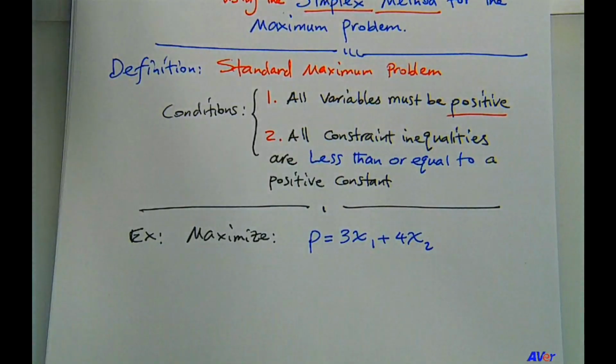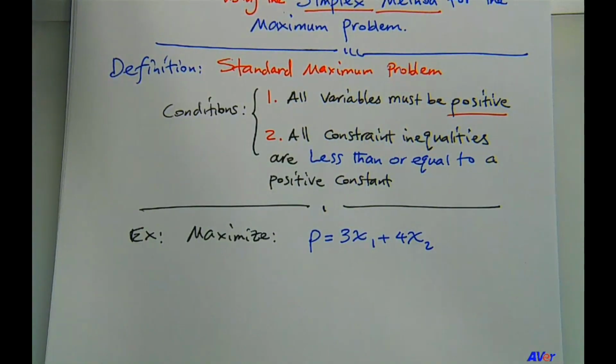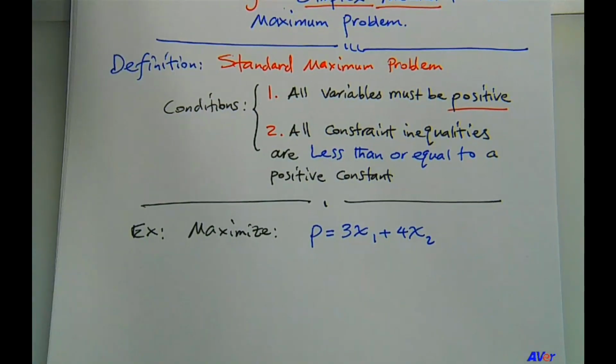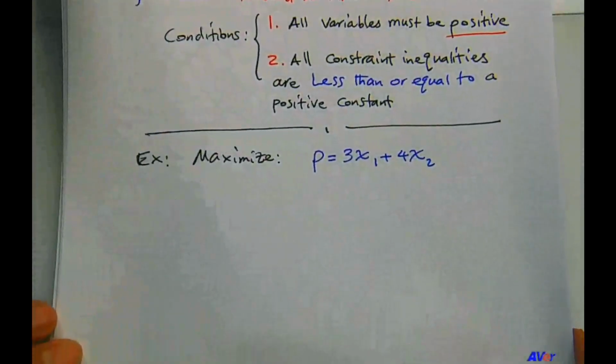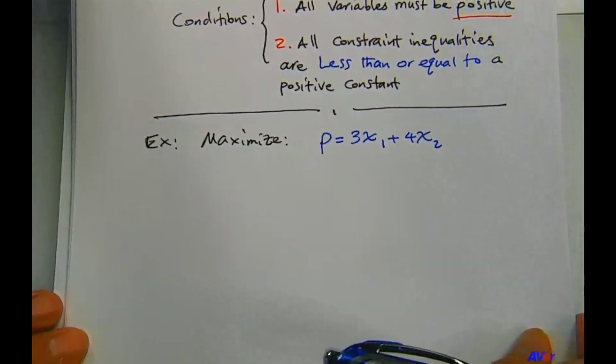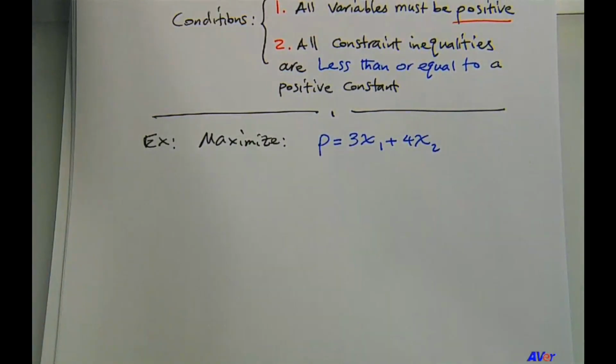From applying the geometric approach, we know that an objective function is any function where we're either looking for its maximum or minimum, nowhere in between. So that's the objective function that we want to maximize, and the constraint inequalities are as follows.